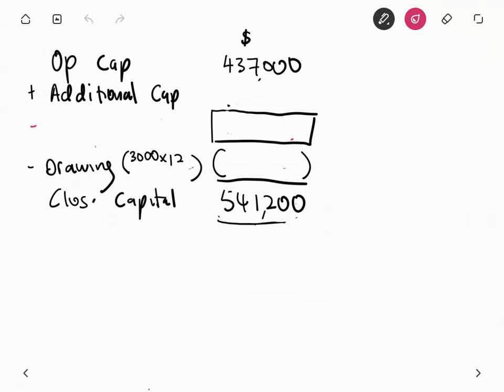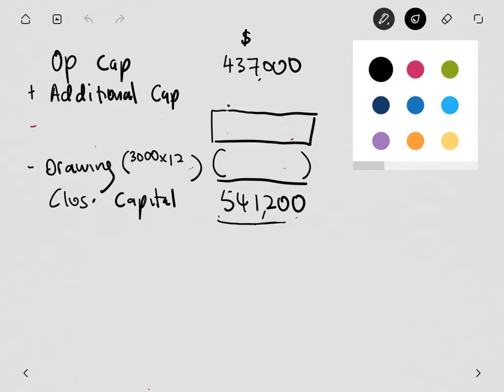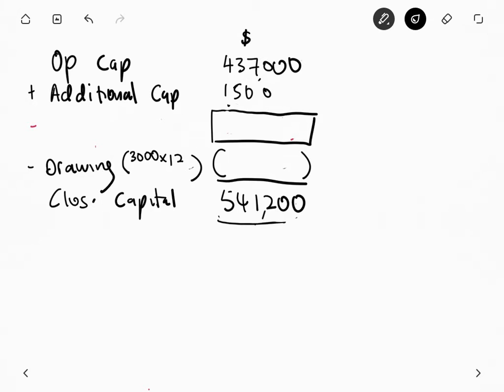How much is my additional capital? Oh, the 150,000. What about drawing? Show the working, 3,000 per month. 3,000 times 12, 36,000. So find the profit or loss.